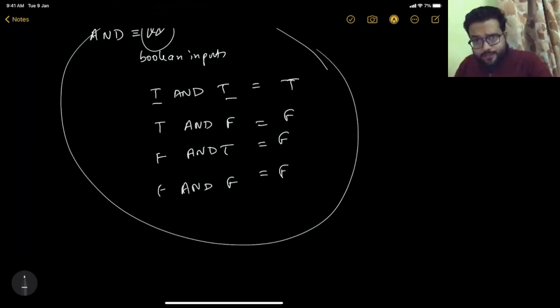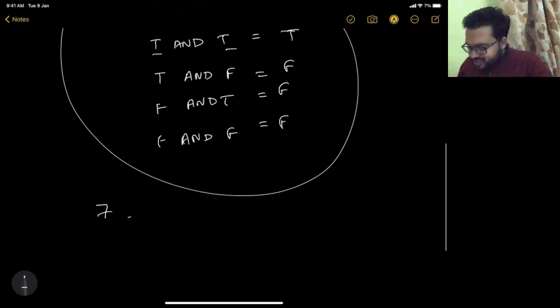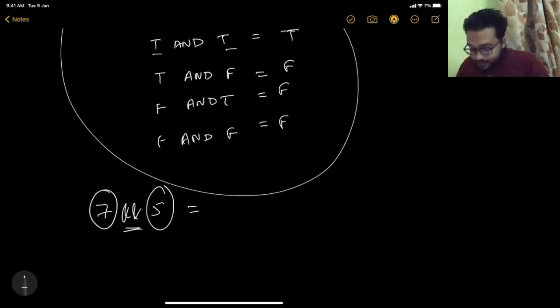For example, if you do 7 and 5, what will it return? Being the logical operator, it will assume a number other than 0 as true and only the number 0 as false. So this logical operator will treat both 7 and 5 as 1, and the answer will be true. Guys, is everybody with me?